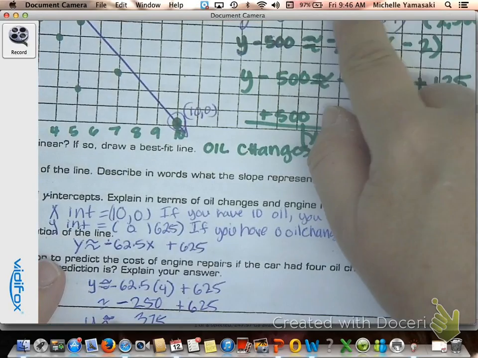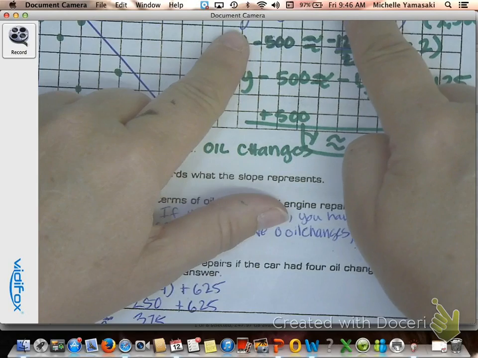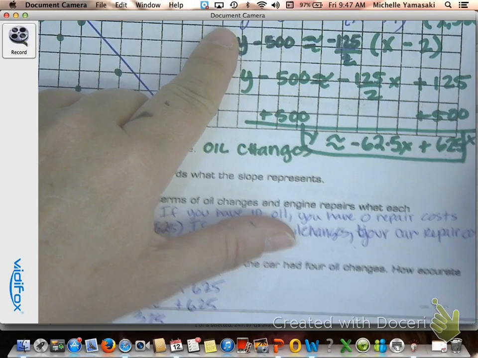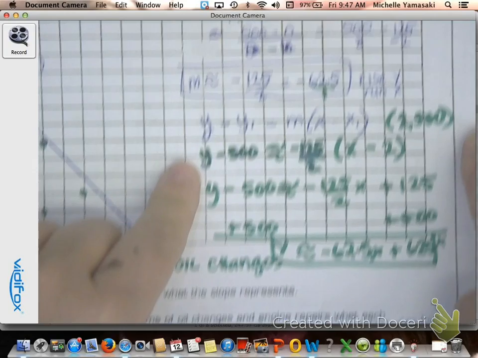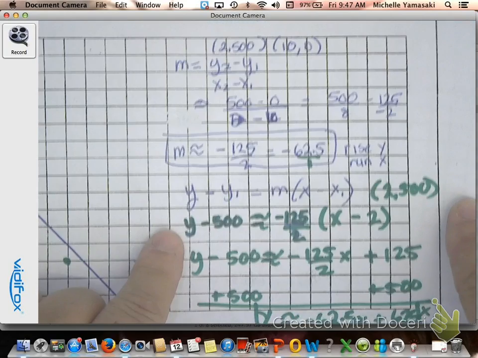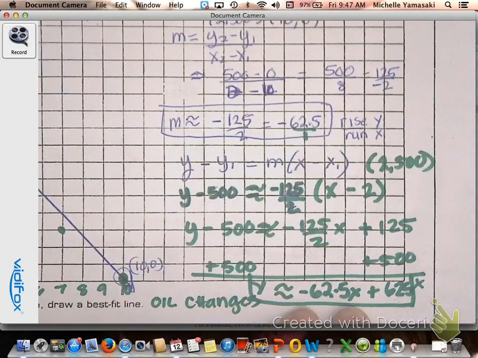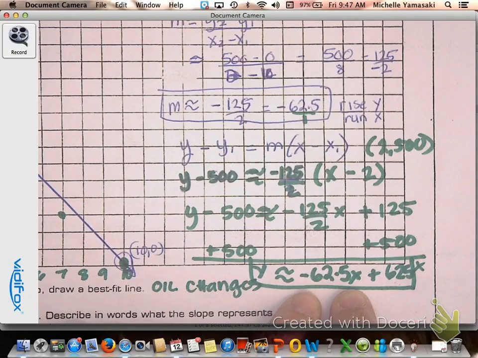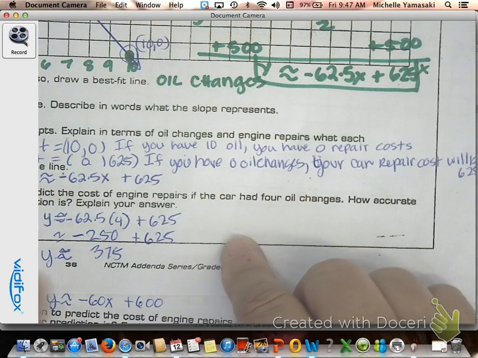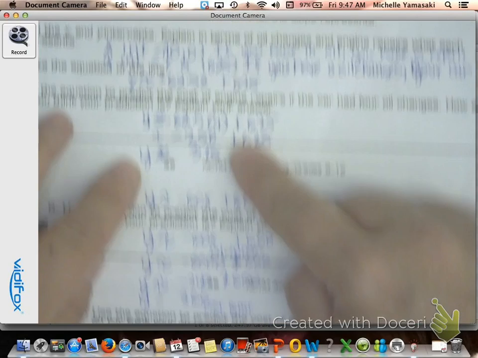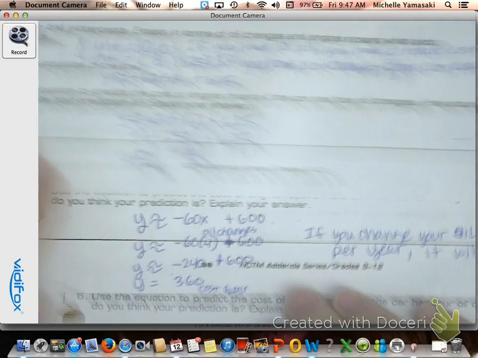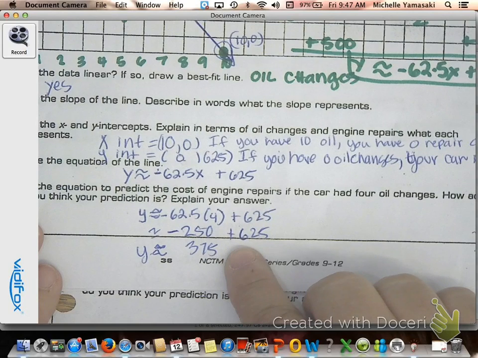Look at the other classes. They used a different slope, and then to get the equation, they used point-slope. They used the point (2, 500), and they came up with this equation. Now, when they solved everything, look what 4 oil changes cost them, right here: $375.